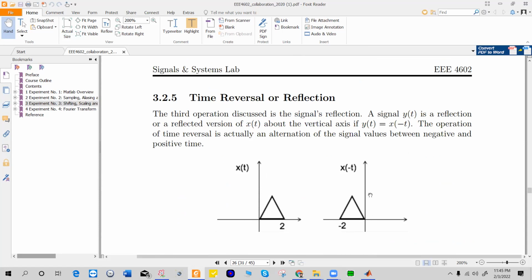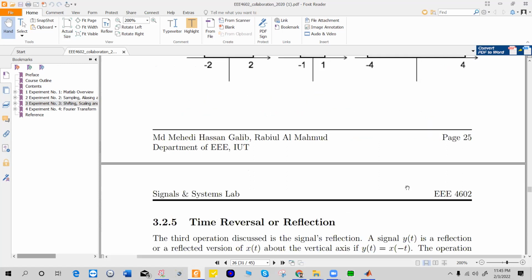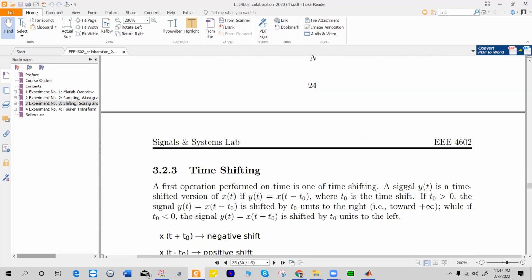So these are the three properties which already have been discussed in the theory class. I have discussed it so that it will be easier for you to recall, and easier to correlate with the coding part. Now we will move to the coding part, and we'll try to verify these three properties.